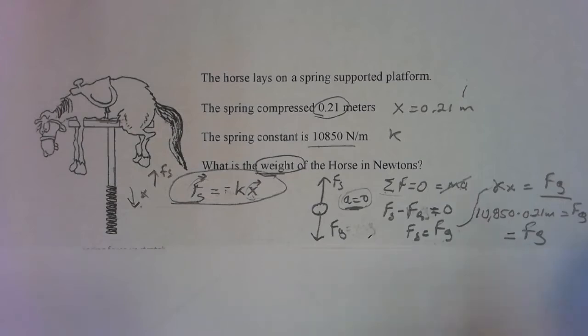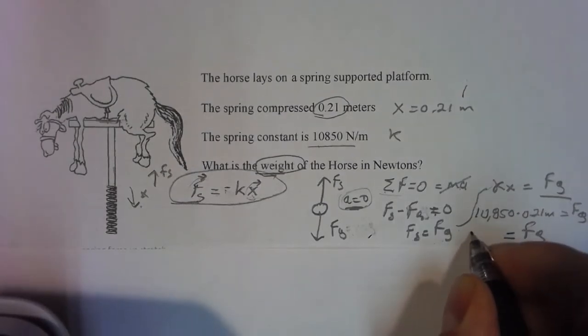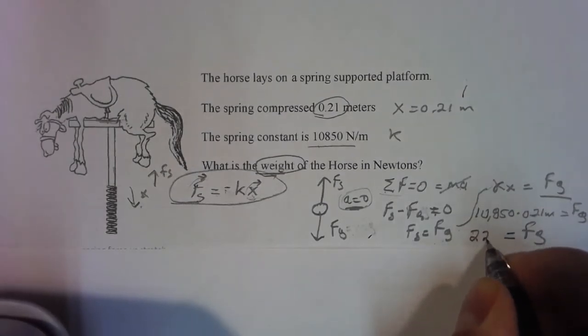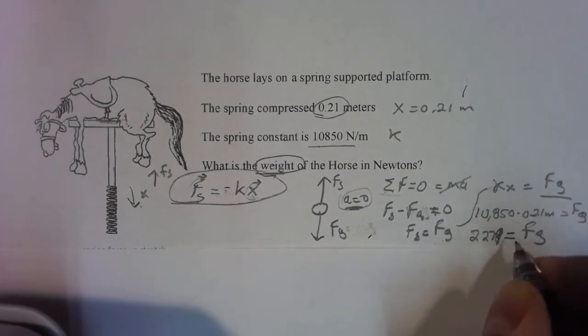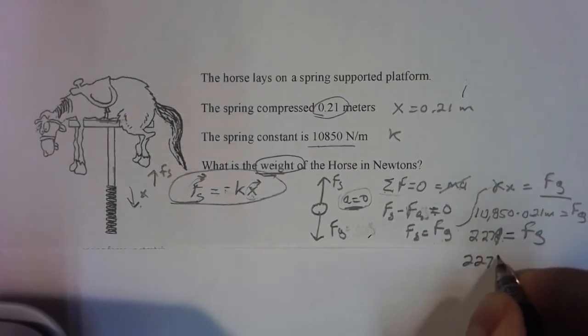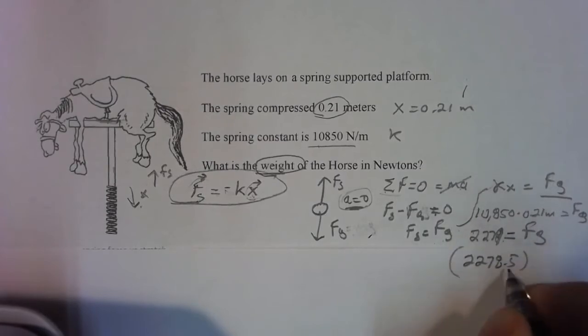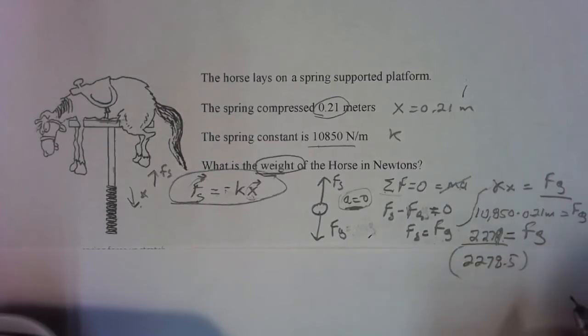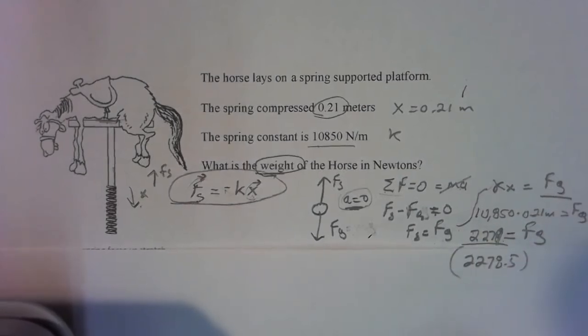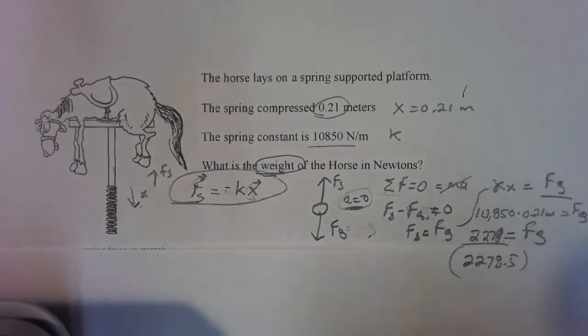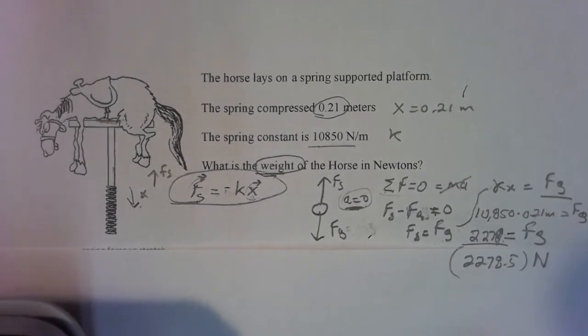Right, and we've got 2,278.5, but I think we've got to put whole numbers in this answer. So there's my answer: 2,279 newtons. That's a pretty light horse. So, pony.